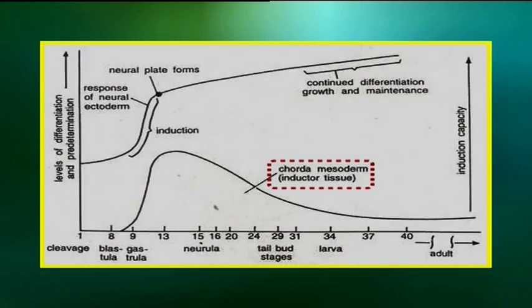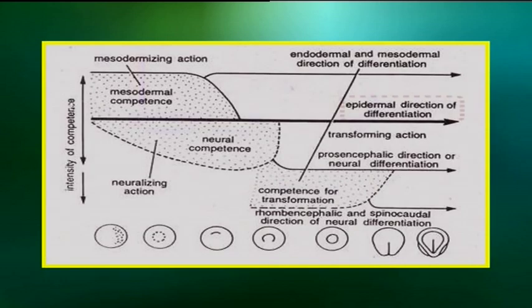With aging, the ectoderm gradually loses its capacity to respond to the inductive stimulus of the chordomesoderm. Therefore, isolated ectoderm unexposed to neural induction, and ectoderm transplanted too late, differentiate into epidermis only.